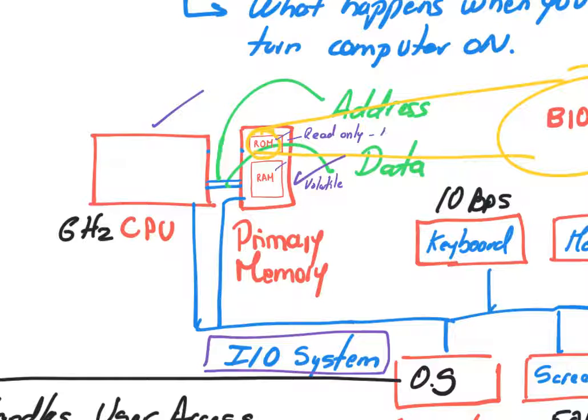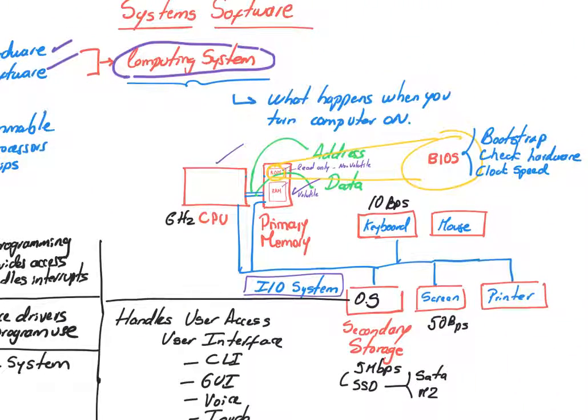This is where the programs actually run. The communication between the CPU and the RAM makes running programs possible, and that's why we have the address and the data bus here connecting both the CPU and the primary memory, right?